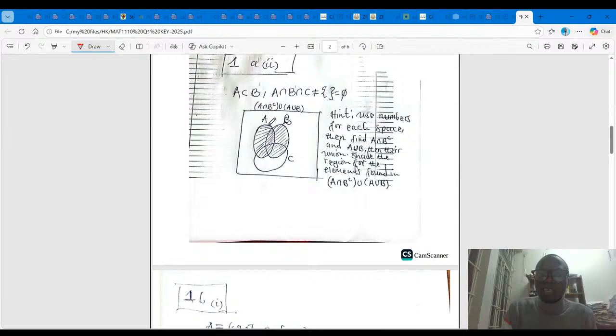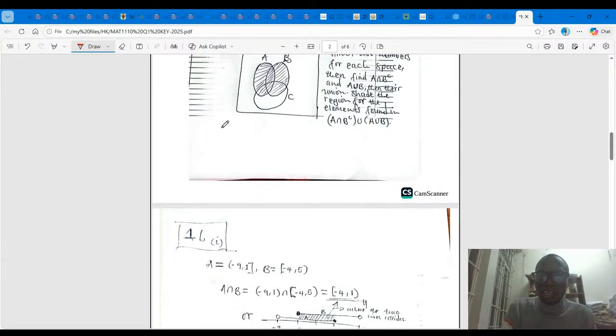In fact, I didn't represent this very well, because you take note that A is in B. So if A is in B, then we have something like this. You can have your C here. So this is your B, this is your A, then this is your C.